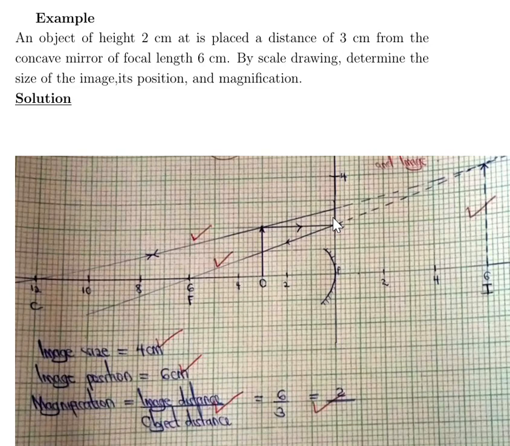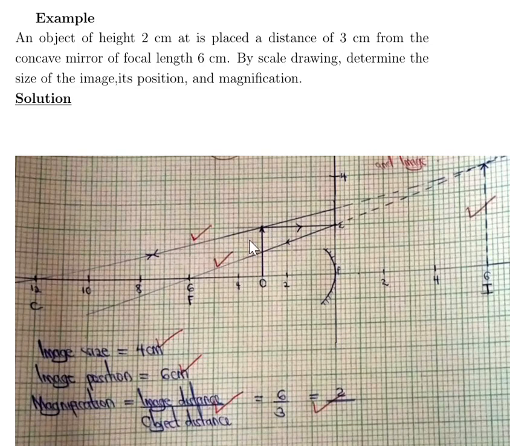We have to recall the guidelines for ray diagram construction. In this particular case, since our focal length is 6 centimeters, our center of curvature is going to be twice the focal length, 6 times 2, giving us 12.